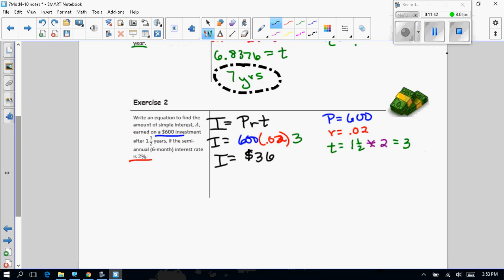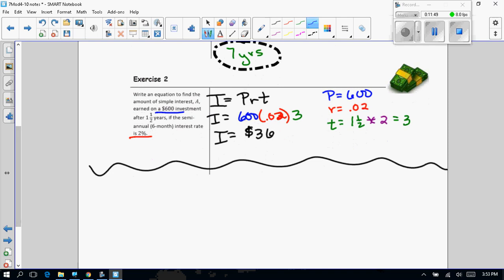All right. I want to kind of change it up. I'm going to do a problem that's not in the book. I know there's a little bit of space here. I want to change it up just a smidge. Let's talk about a principal that is $600. Let's talk about a rate that is still 2%. I like that. And let's talk about this going in there for 2 years. But let's have it be 2 years, and I want to talk about it being quarterly.